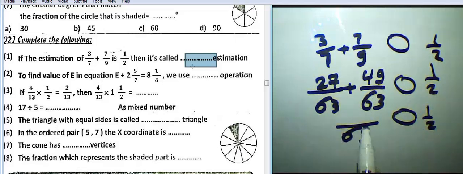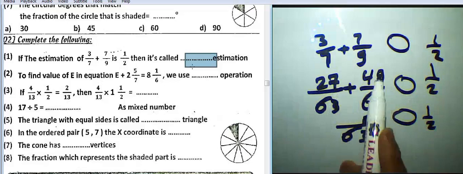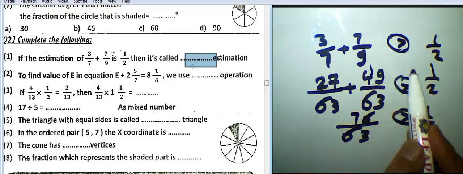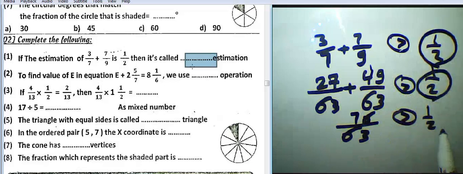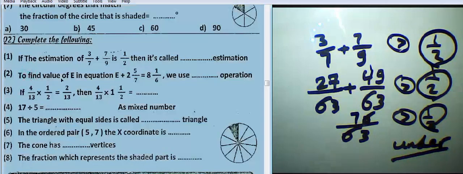If the result is greater than, it will be overestimation. The result will be about, look here, half. Greater than or less than? Half is less than the result. So this estimation will be underestimation because the result is greater than the estimation.